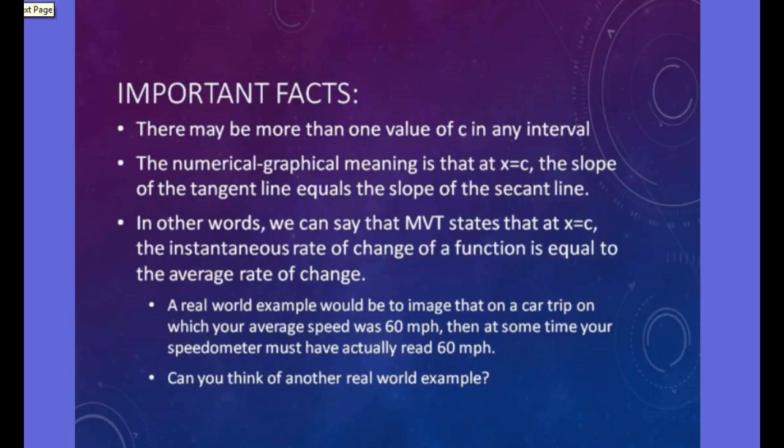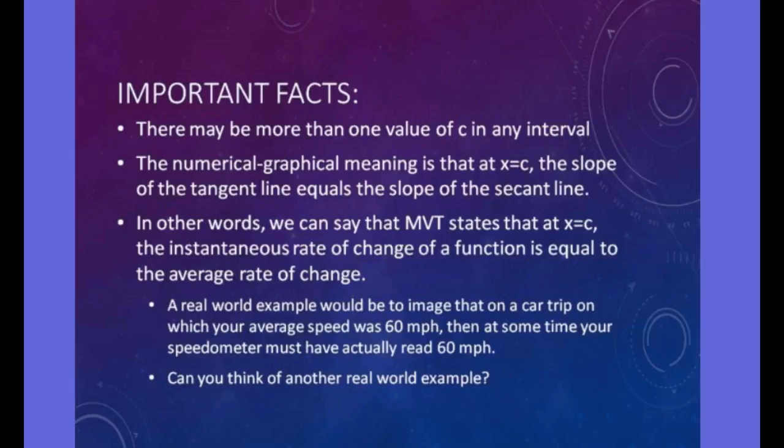Okay, and I didn't type these for you. These are kind of like me saying, okay, what are the big ideas? What are the big pictures? So the big concluding facts from this is that there can be more than one value of c in any interval. Like in the Rolle's theorem example, we got 2 c's. That's okay.